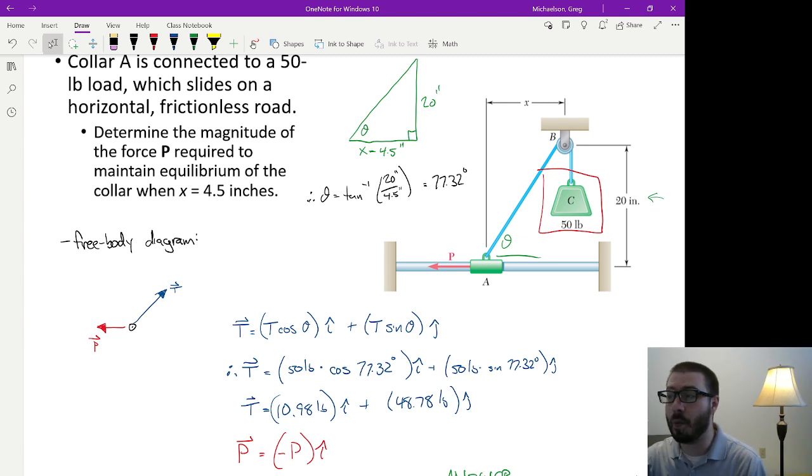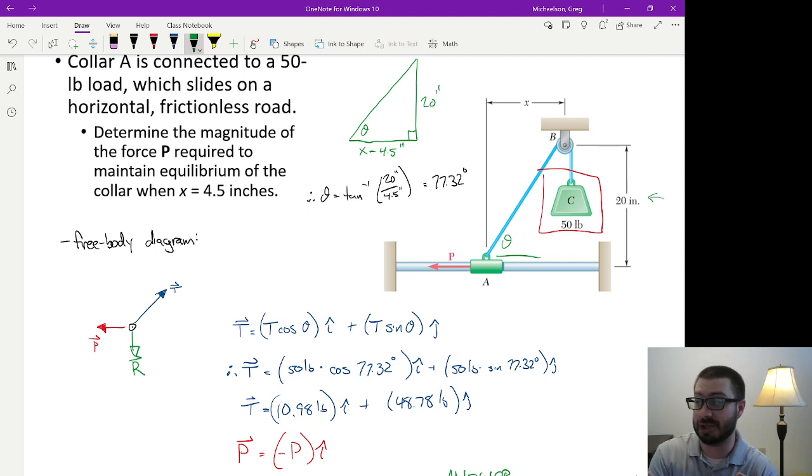That weight is going to pull down on that rod, and because the rod is not moving, the rod is resisting that going down. Now, we don't need to determine that. That wasn't really the purpose of the problem. But if we wanted to know how much the rod is holding it down, we would do the sum of forces in the y direction, and we would get 48.78 pounds. It's not necessary for the purposes of the problem, so we don't need to do it.